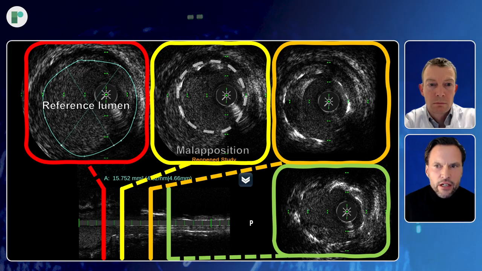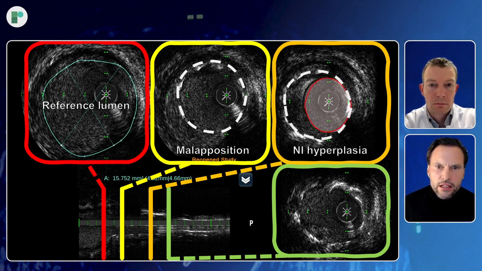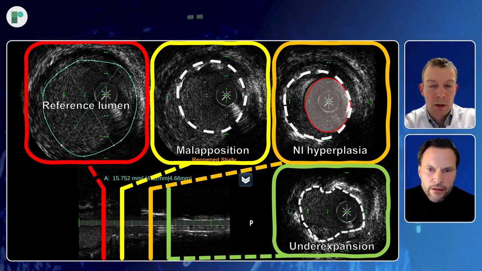What you see here are 3 different problems: this patient had a malapposition of his ostially placed stent, then a significant neointimal hyperplasia and a very proximal or ostial part with a lot of calcification, and we had a significant stent under-expansion. And once again, just by looking at the angiogram, you don't really understand what's going on there.